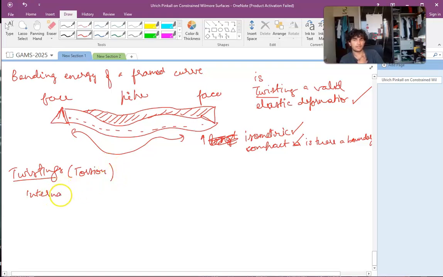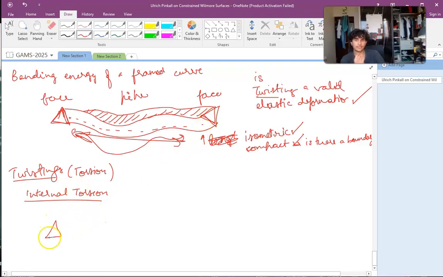So internal torsion is the way of saying internal twisting. And what I mean by internal torsion is, ignore everything that happens over the length of the whole pipe, and consider only the faces. And I only want to measure how much these faces have rotated.